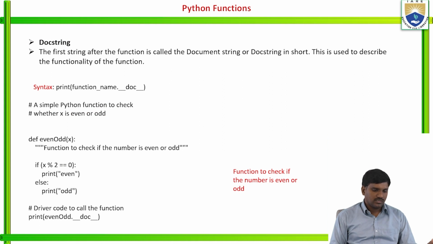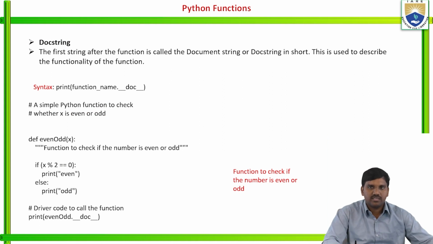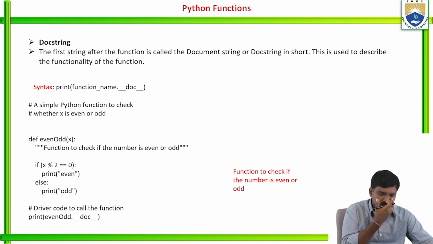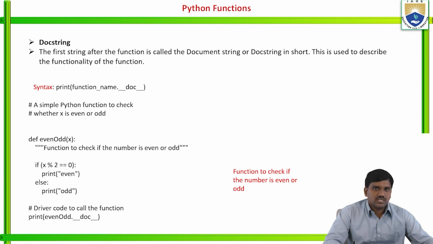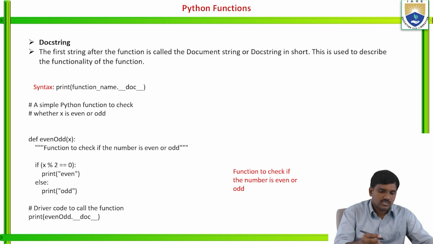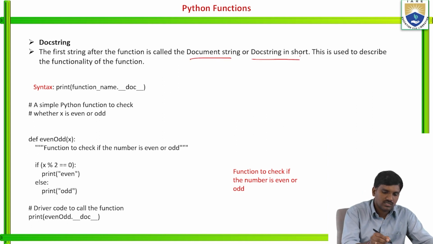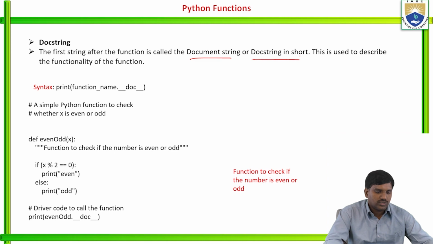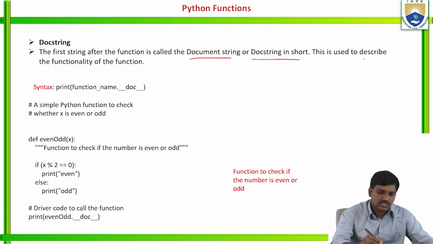Next, docstring or document string, a very important feature of functions in Python. The first string after the function is called the document string, or docstring in short form. This is used to describe the functionality of the function.